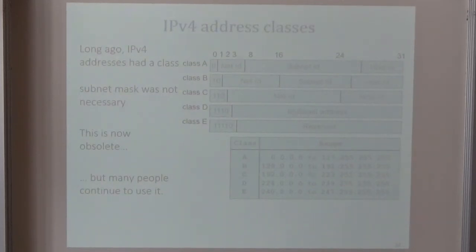We assumed that there were local area networks between the systems. And the original internet was really the interconnection of local area networks. Some of them were large. Of course, very quickly it was observed that this does not fly, so this is now obsolete. There's no reason that the network mask is related to the values of the addresses here.